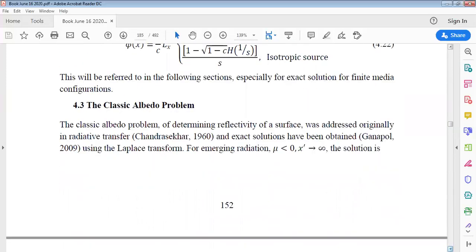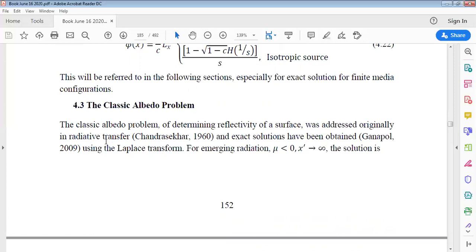Now Chandrasekhar and Ganapol and a number of outstanding scientists in this field have used this analysis to calculate what is called the albedo problem. Albedo problem means that if you shine radiation on a surface, let's say I shine 100 watts and 30 watts comes back to me, I would say the albedo is 0.3.